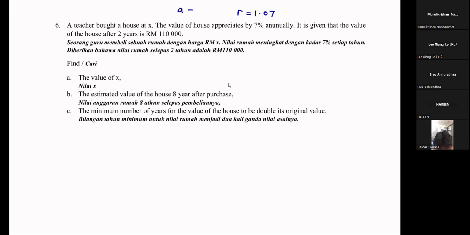So your A is X. And it is given that the value of the house after 2 years, that means after 2 years.